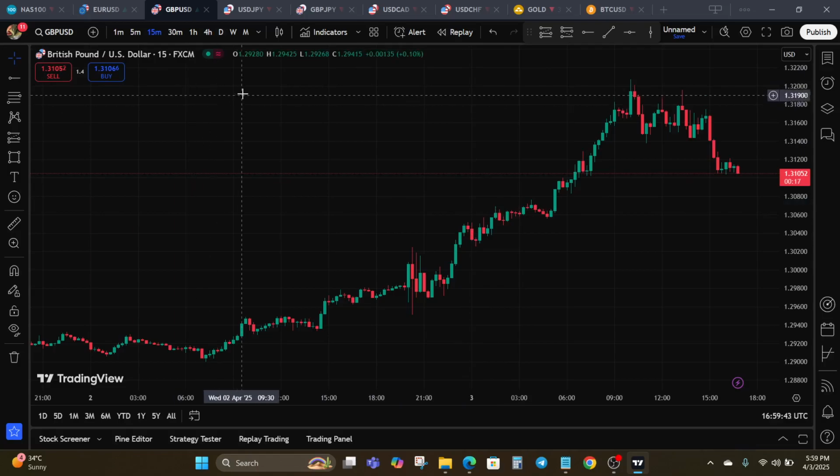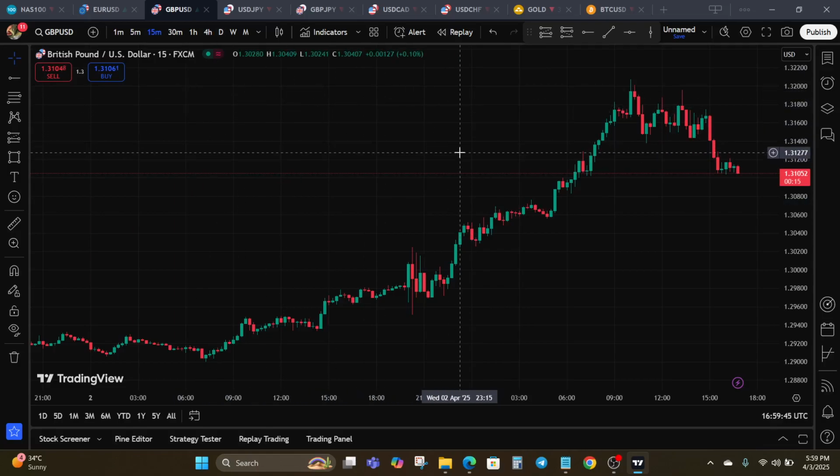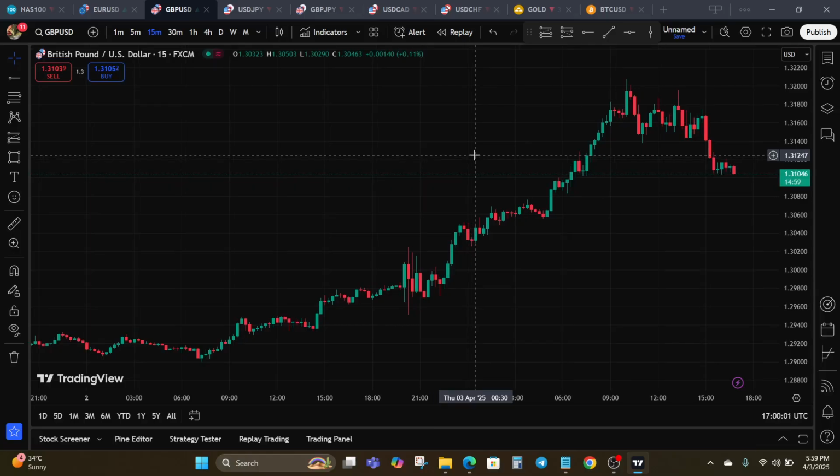So for the GBPUSD pair, scalping works particularly well because it is highly liquid and volatile. This means you can often find quick price movements that can be capitalized on, especially during peak trading hours when the market is most active. All right. But how do you identify those prime scalping opportunities? Let us just quickly dive into the next section to find out.